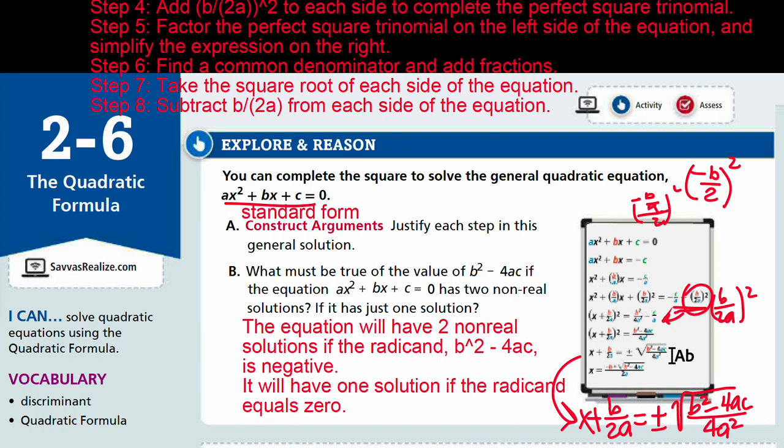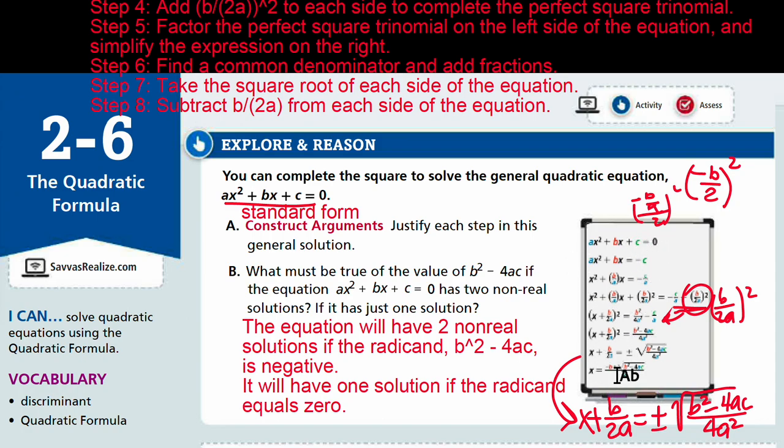Okay, so this is the introduction to the quadratic formula. This is how we got the quadratic formula. In some textbooks, the quadratic formula is introduced, and you learn about it, but you don't know where it came from. It's actually the same thing. It comes from the standard form.